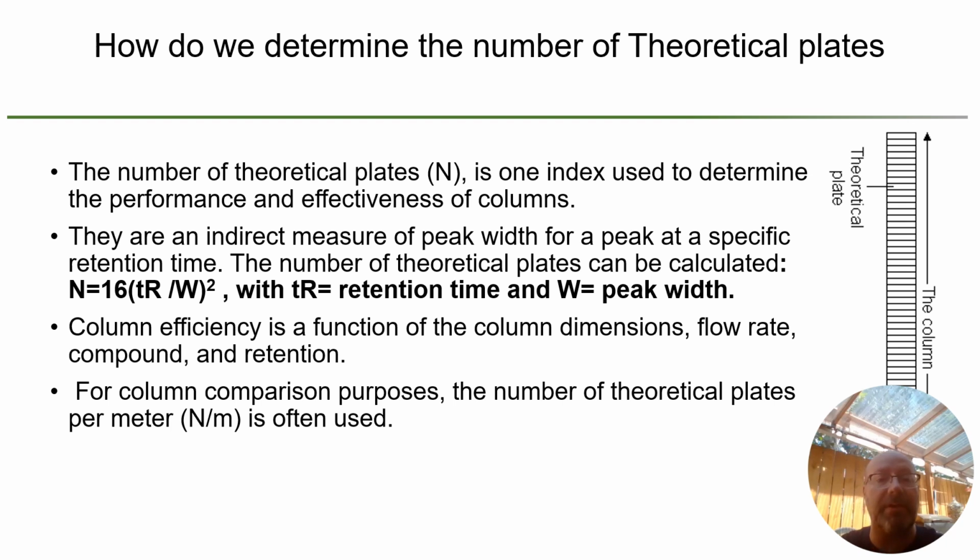There is another constant that's 5.54, I believe, that you can use if you want to use the half peak width, but we're going to stick with the base peak width just for consistency here. But just so you know, there is another way to measure it using the half peak width.